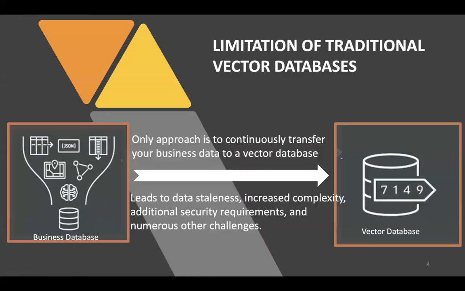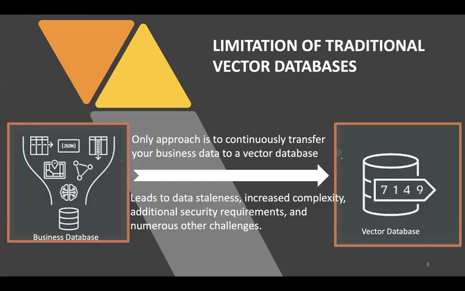Now let's go to an everyday situation wherein I have a traditional system with a business database where all my latest business data resides, and there is a separate vector database wherein I can do data analysis. So a solution needs to be implemented to replicate all business data to your vector database, and then the semantic search can be done on the vector database.